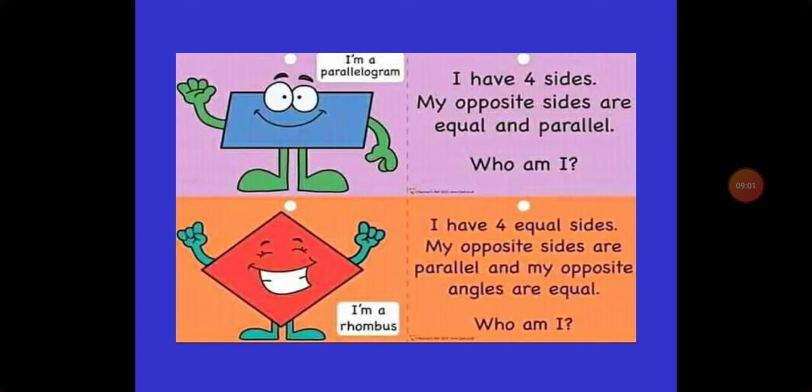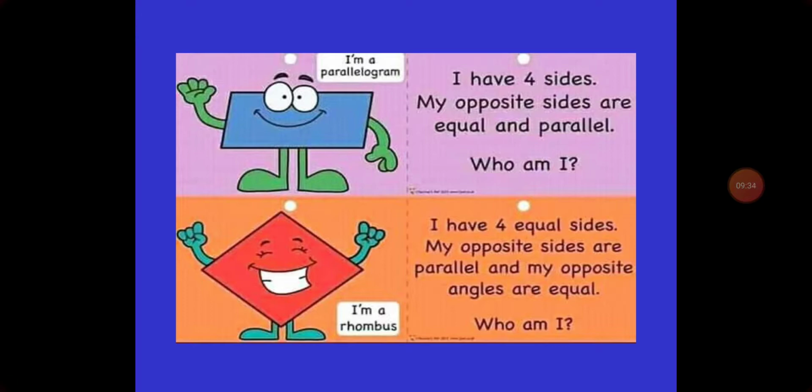Okay, that's a long one, but you can pronounce this word. A parallelogram. Okay, how many sides? 4 sides. And the opposite sides are equal and they are parallel. So 2 sides equal and they are parallel. Okay, the 2 opposite sides.